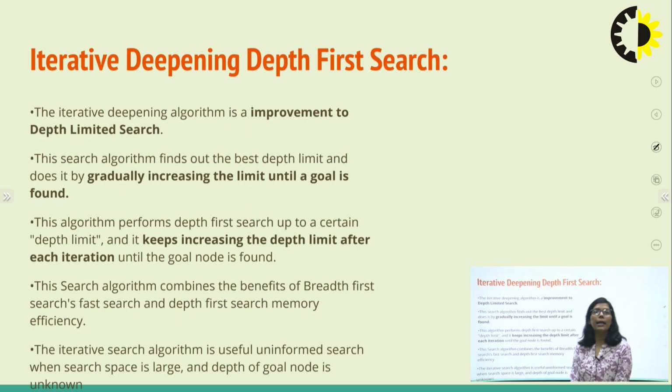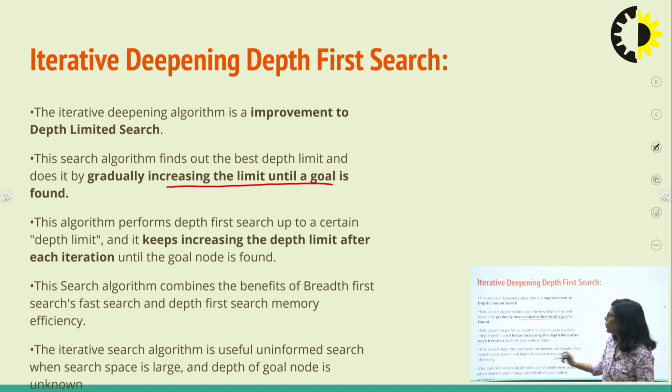Next is your iterative deepening depth first search. Now this is also an improvement to your depth limited search. In depth limited search, we have your depth defined beforehand, but now what we are doing is gradually increasing the limit until a goal is found.